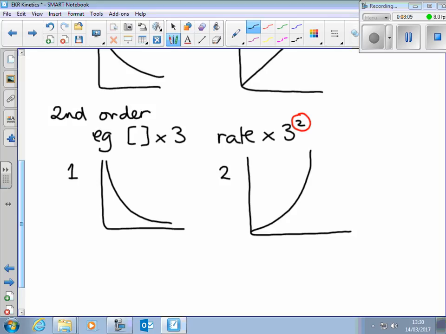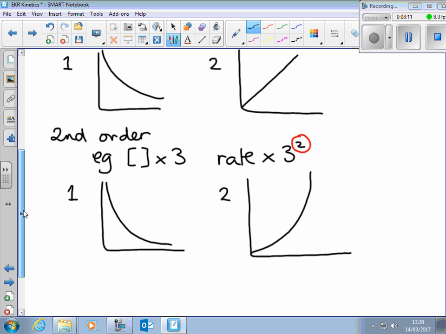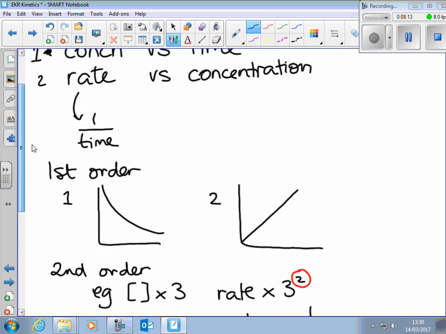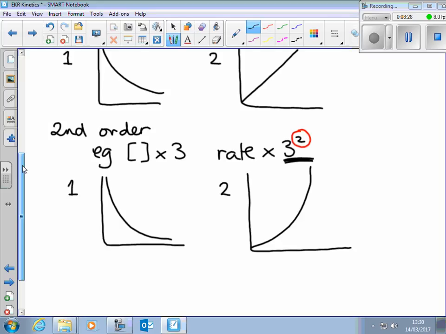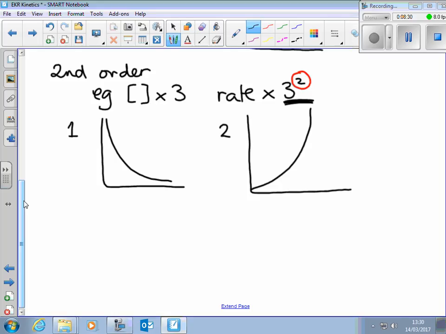Aha! That figures, doesn't it? If you do rate against concentration squared, what we're looking at, of course, is the need to square the change in the concentration. Well, what do you know? We get a straight line. Okay. So I'm not going to draw that one. It's on your sheet. So there can potentially be a lot of graph drawing in this.